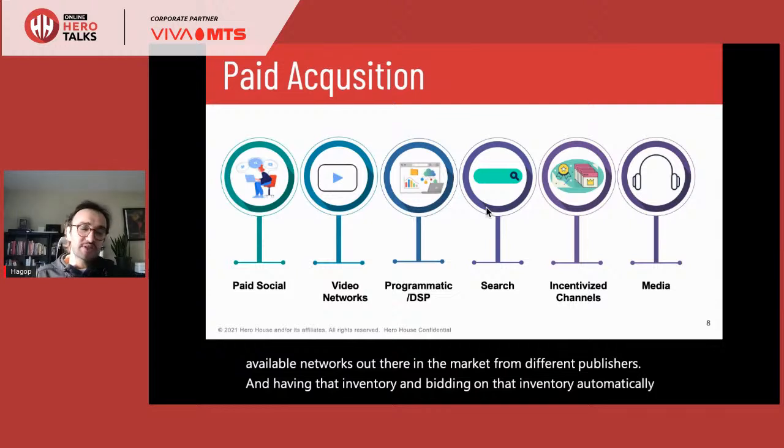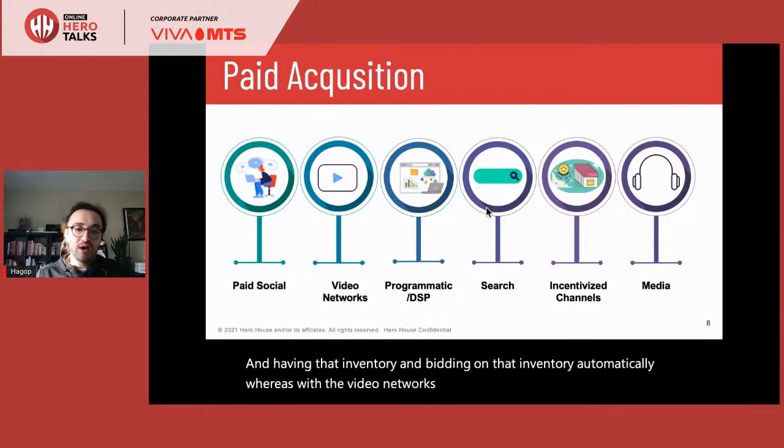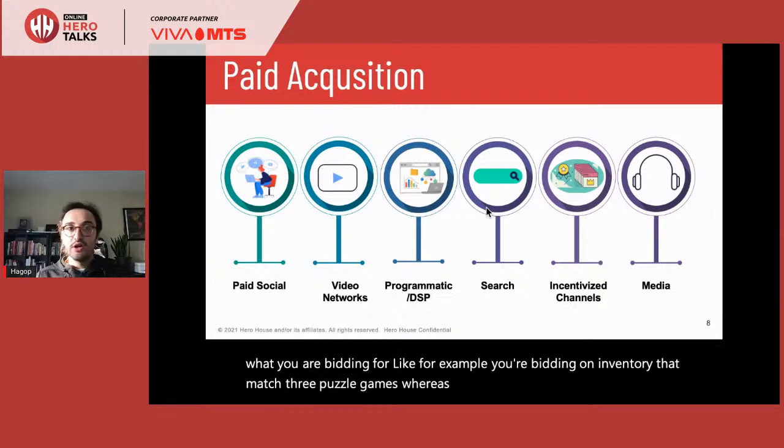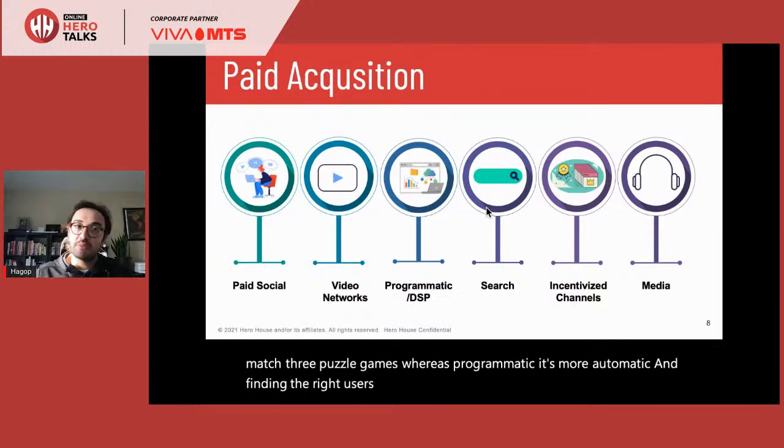Whereas with the video networks, sometimes it's more of knowing exactly what you are bidding for. Like, for example, you're bidding on an inventory that match 3 puzzle games, whereas programmatic, it's more automatic and finding the right users for you through the algorithm that the programmatic networks have.